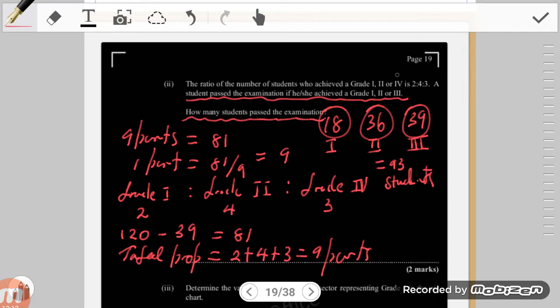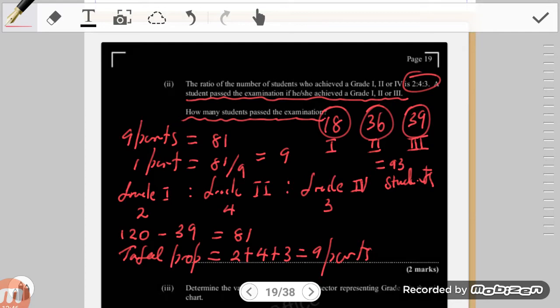So first of all we found the total proportion, which was 2 plus 4 plus 3. That represents the amount of parts that grades 1, 2, and 4 represented. Now to find out the amount of students represented by grades 1, 2, and 4, we have to subtract the amount of students that got a grade 3 from the total.